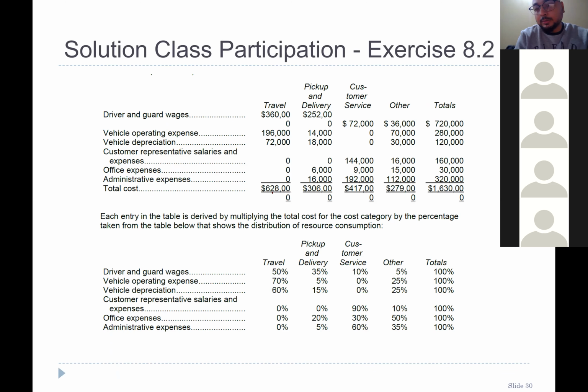The cost pool for pick and delivery, it is like this. You multiply the total driver and guard wages, 50% of 720,000, the answer is 360,000. So this is like that, right?